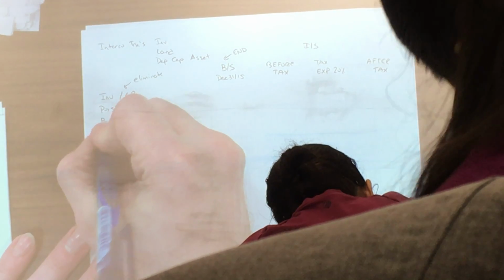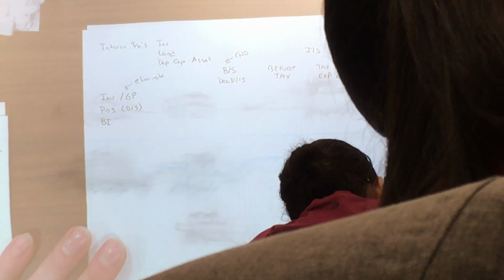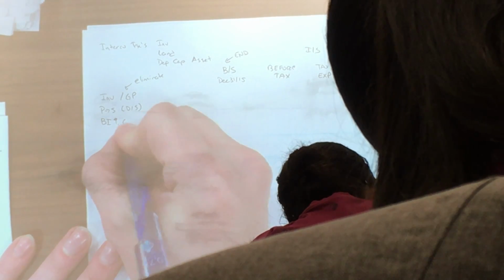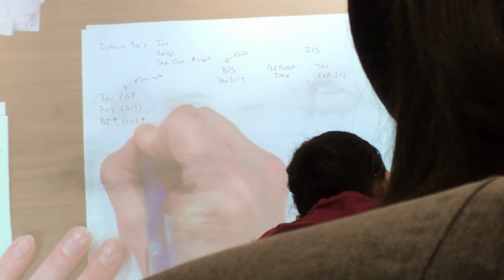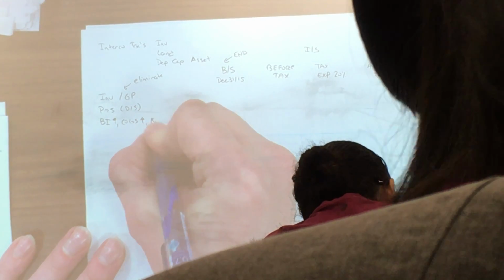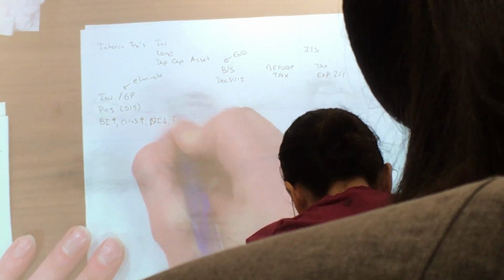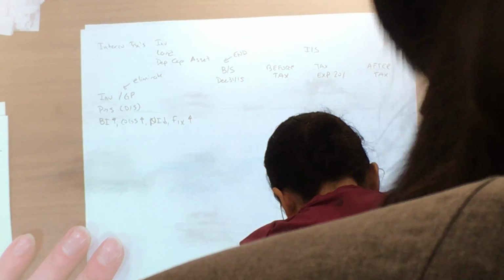Potentially we have beginning inventory. We treat it like an error. Beginning inventory is too high, meaning cost of goods sold is too high. Net income is too low. And when we fix it upon consolidation, we will add it back.